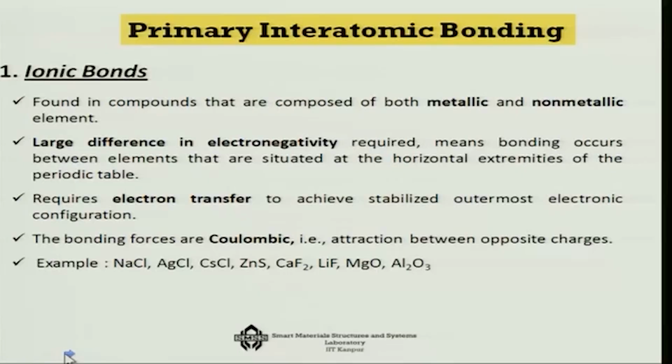For example, you consider sodium chloride. You have sodium as the metallic part and chlorine from the non-metallic part. Similarly, silver chloride, cesium chloride, zinc sulphide, calcium fluoride, lithium fluoride, or magnesium oxide, aluminum oxide, invariably you will see that one is from the metallic part and one from the non-metallic part.